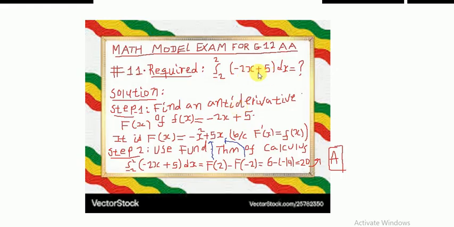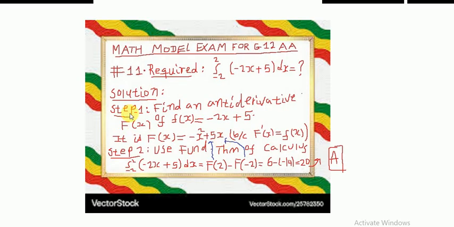That is called an antiderivative. The function -x squared plus 5x is one antiderivative, because the derivative of -x squared is -2x and the derivative of 5x is 5. So -x squared plus 5x is an antiderivative.